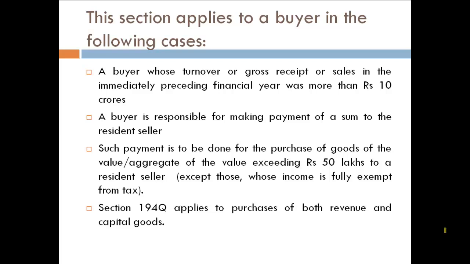The buyer is responsible for making payment of a sum to the resident seller. Such payment is to be made for the purchase of goods of the value or aggregate of the value exceeding rupees 50 lakhs to a resident seller.